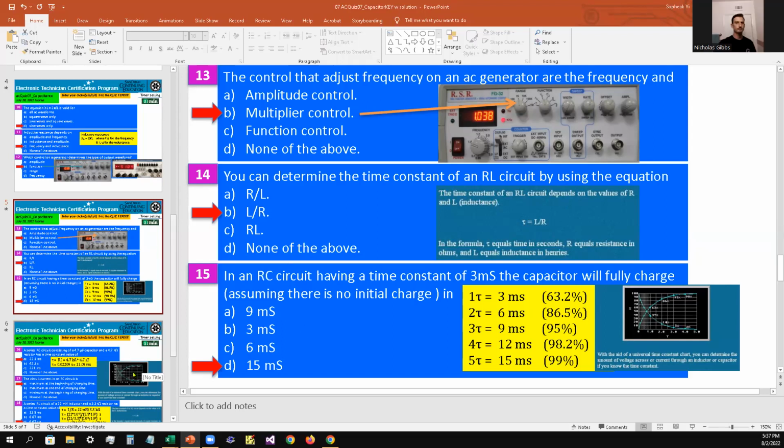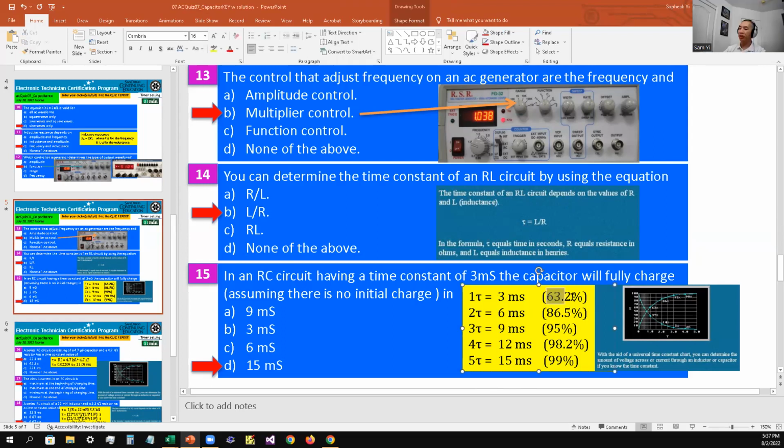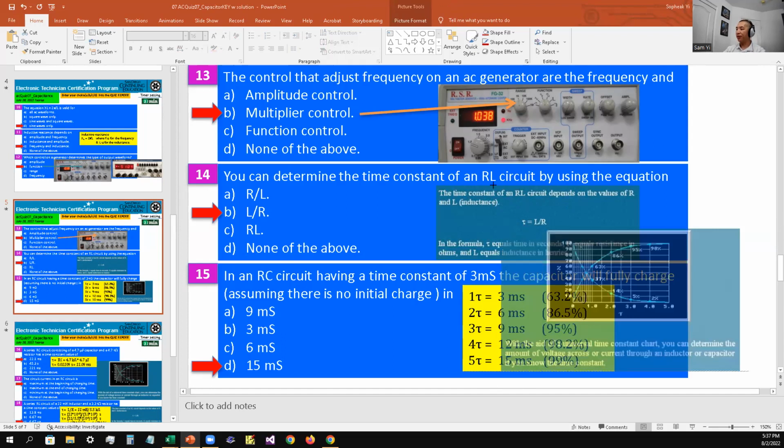Is it still 5 time constants to get the capacitor fully charged? Yes. At 1 time constant, which is about 3 milliseconds, it's only charged up to 63.2%, according to the graph we looked at earlier.